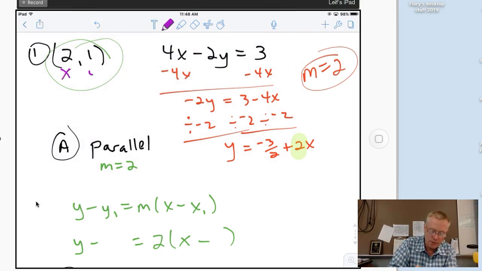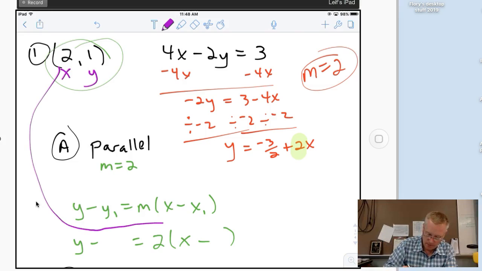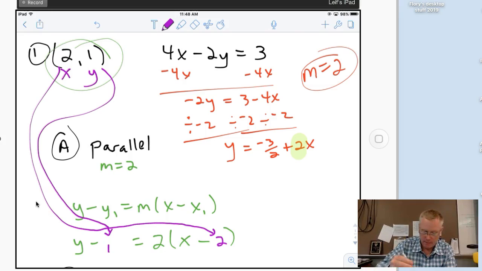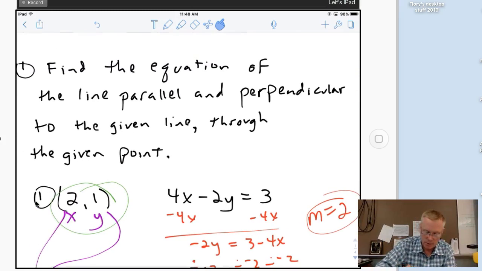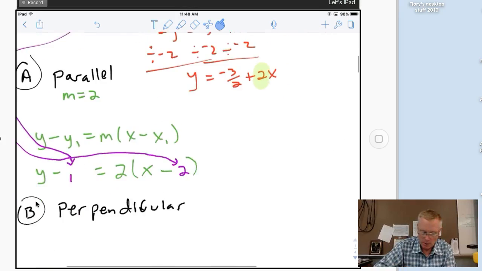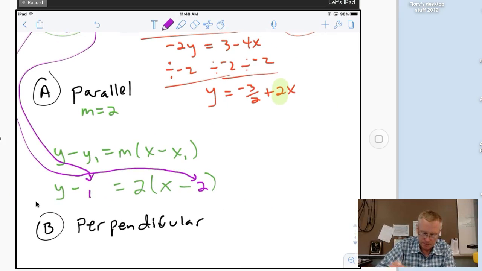Now, I should have written this down, but these should be in standard form for the answer, okay? Which means I got a little bit more work to do.